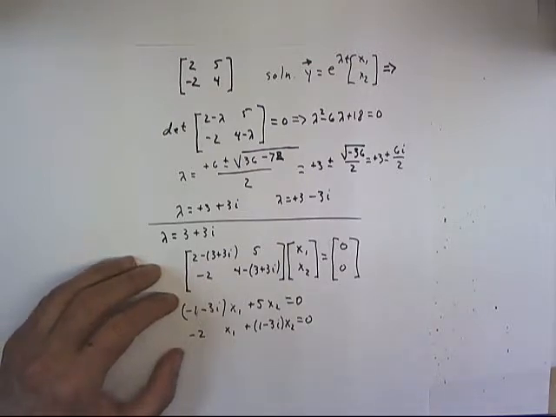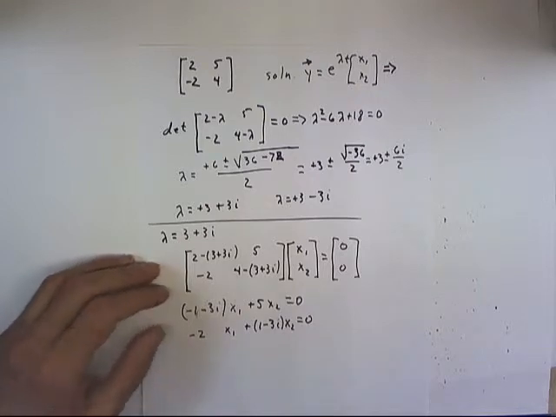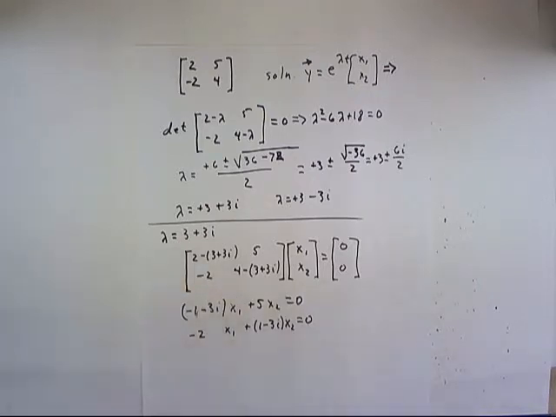But instead, just to illustrate how we deal with the complex numbers, I was going to do it in a less straightforward fashion. On second thought, we're going to get plenty of practice, so I'm not going to do that.